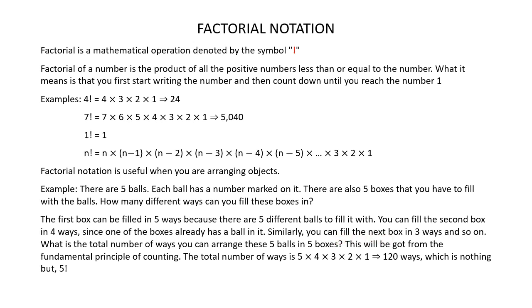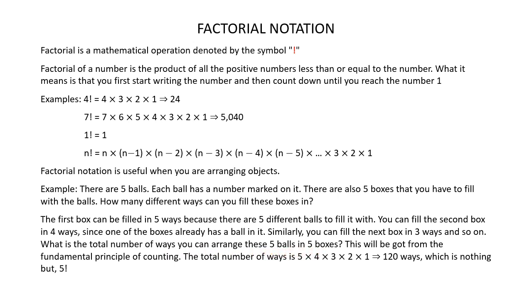Now you are left with only 2 balls. So the fourth box can be filled in 2 ways since you have a choice of only 2 balls, and so on. So what is the total number of ways you can arrange these 5 balls in the 5 boxes?